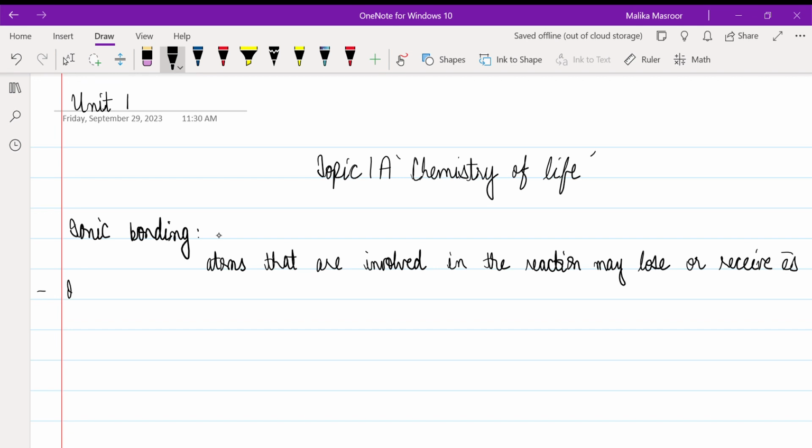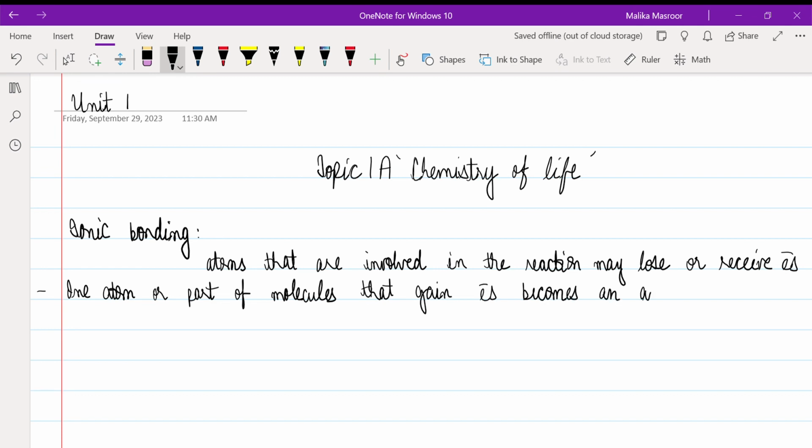So one atom or part of molecules that gain electrons becomes a what? Anion. Yes. And the other atom will automatically lose electrons, so that will become the cation.